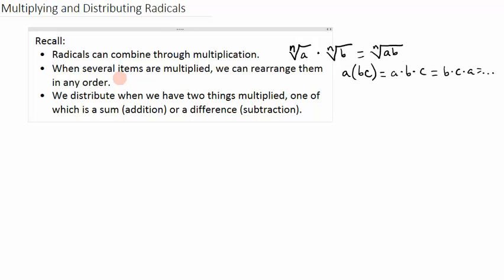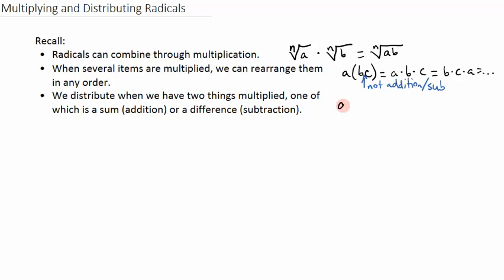So, for example, if we come back to this previous example, we don't distribute here because BC is multiplied. So this is not addition or subtraction, okay?